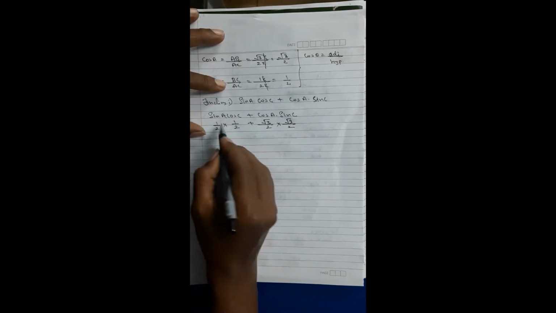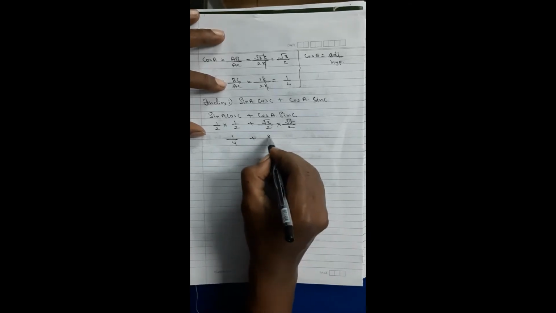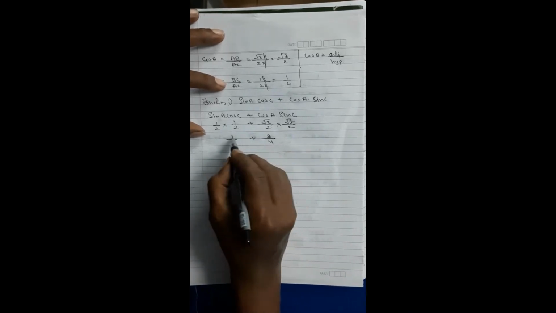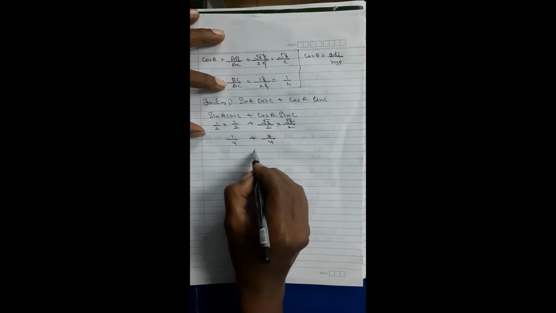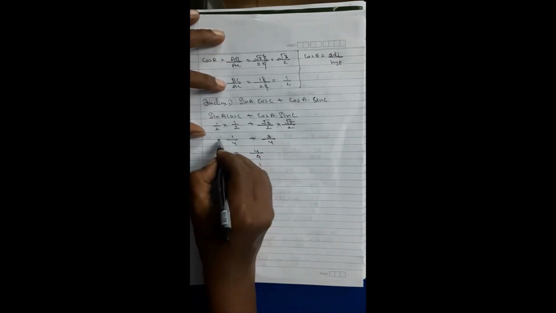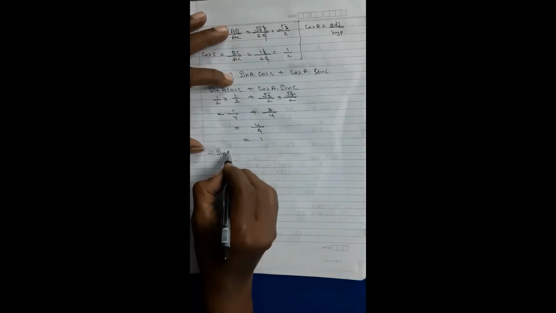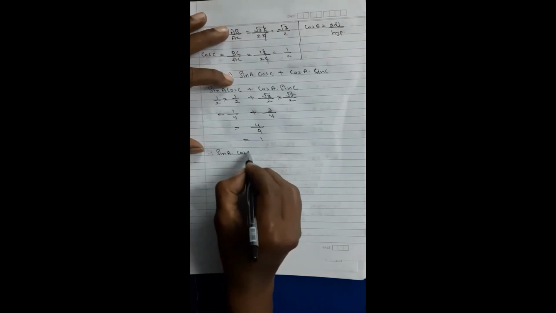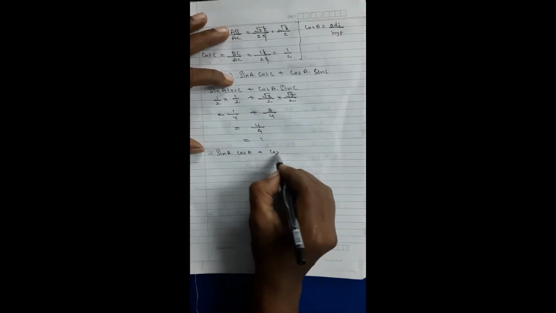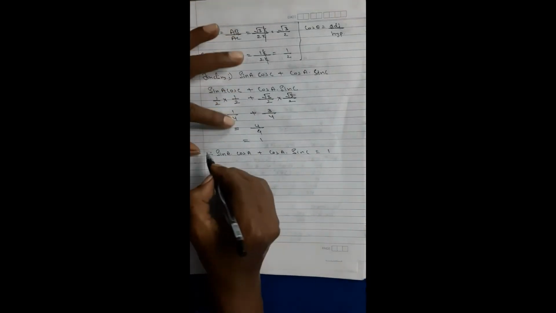So numerator to numerator, 1 upon 4 plus root 3 into root 3 will be 3 upon 4. 1 plus 3, because the denominators are equal, that will become 4 upon 4, which is equal to 1. So sine A cos C plus cos A sine C is equal to 1.